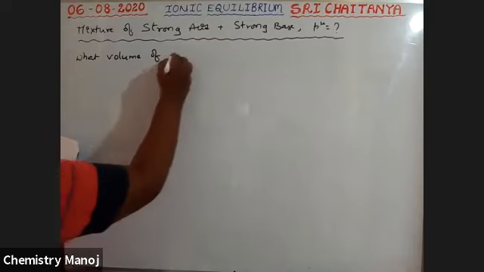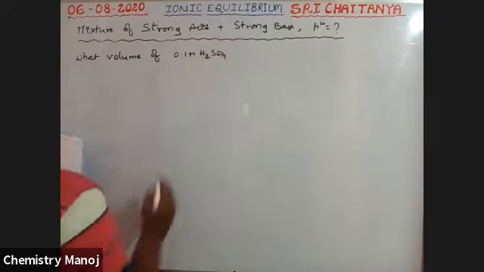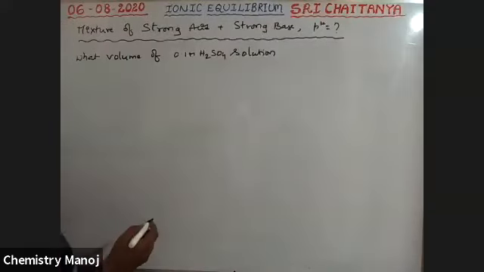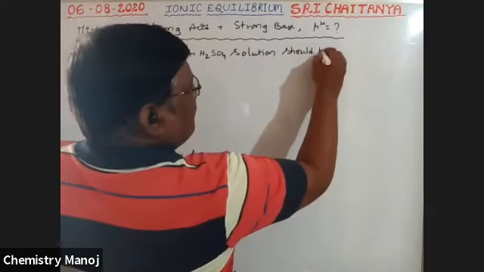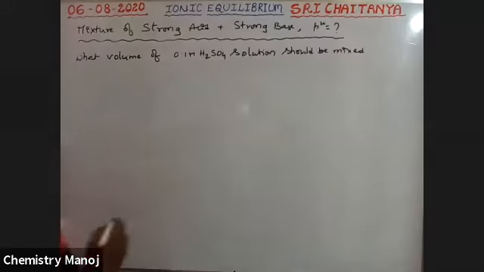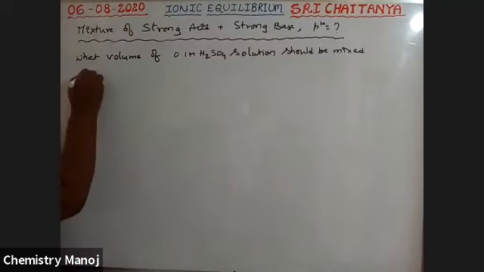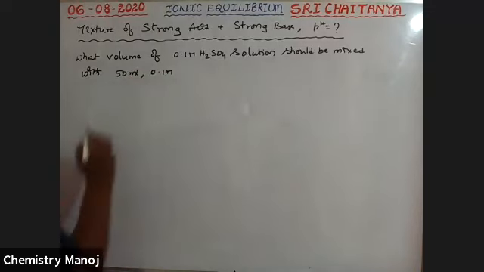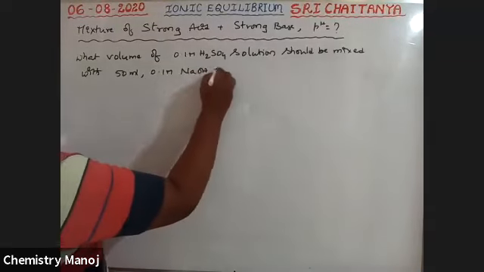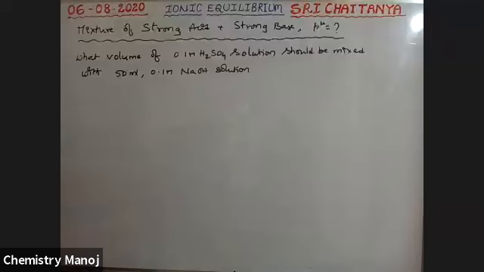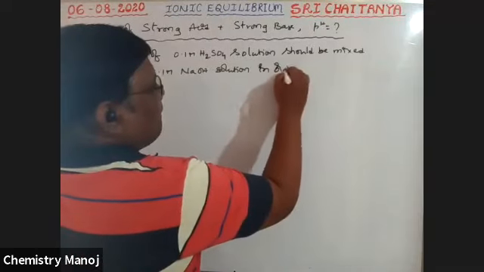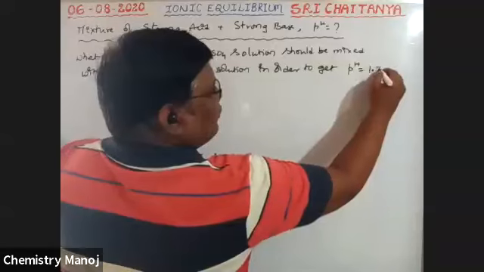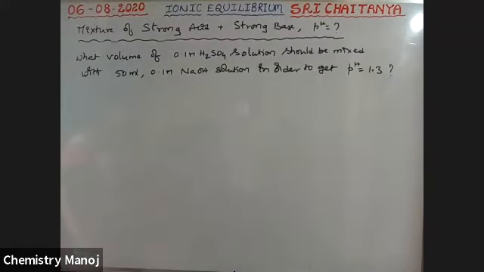What volume of 0.1 M H2SO4 solution should be mixed with 50 ml of 0.1 M NaOH solution in order to get pH equal to 1.3?